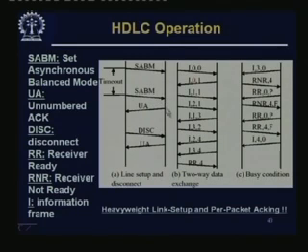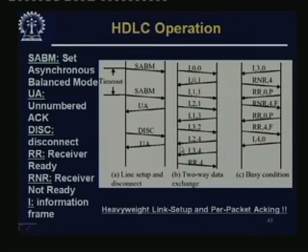Now, it gets a response back, UA, an unnumbered acknowledgement; you remember there are some unnumbered frames. And then after some time, after possibly some transfer of data, there is a disconnect frame, which is DISC, going from here.